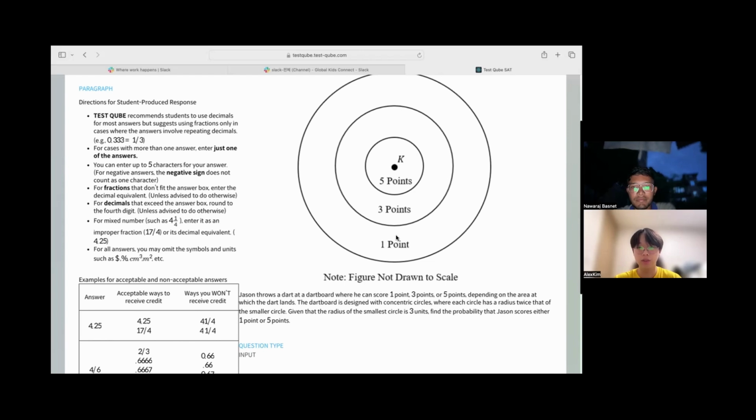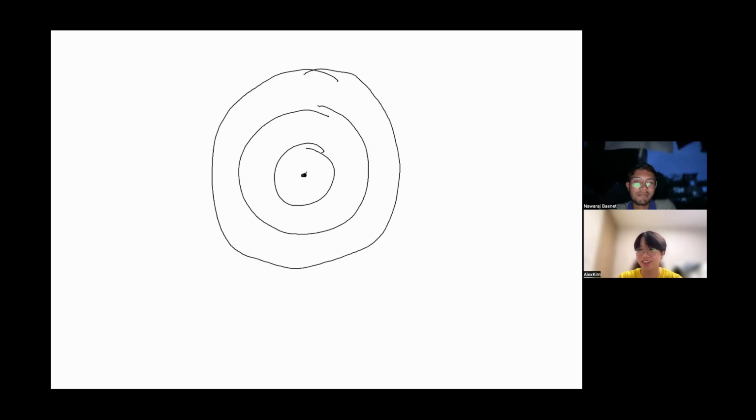Given that the radius of the smaller circle is 3 units, find the probability that Jason scores either 1 point or 5 points. Okay, so we have the smaller circle for 5 points, a slightly bigger circle for 3 points, and the biggest circle for 1 point. Sorry for my bad circles.